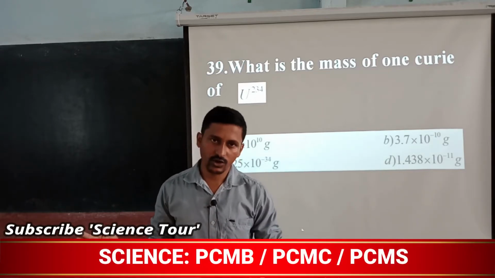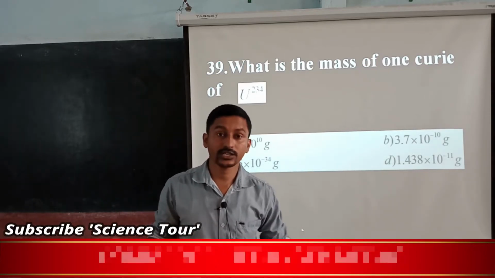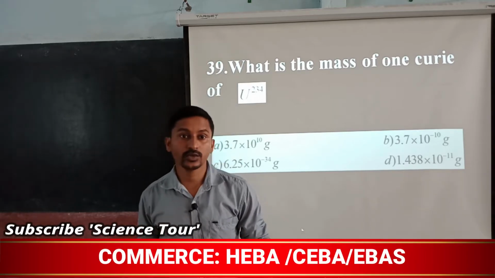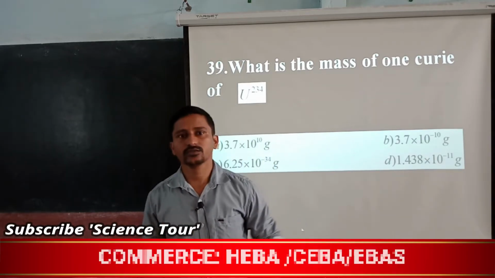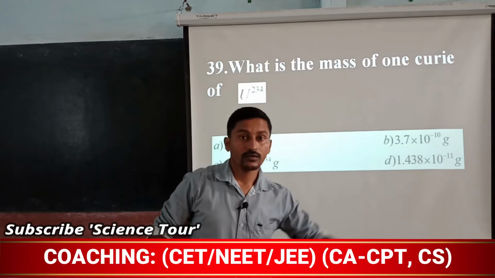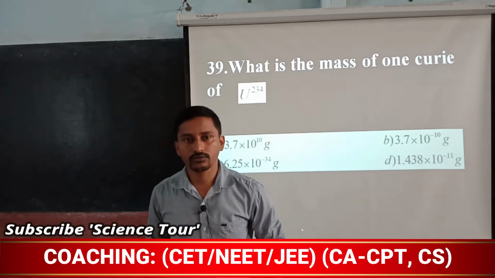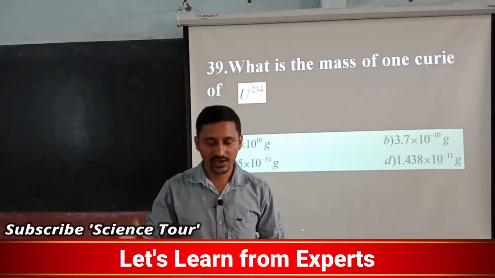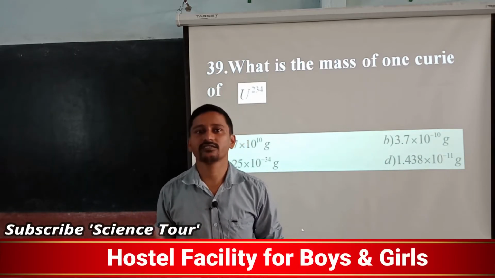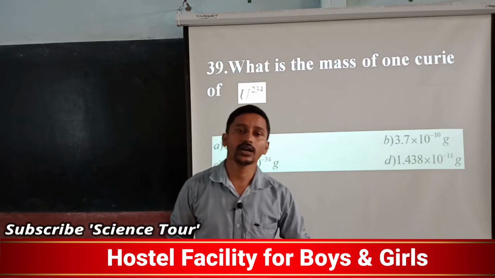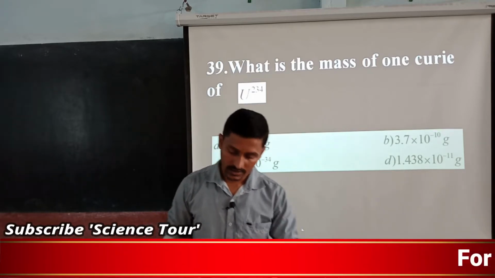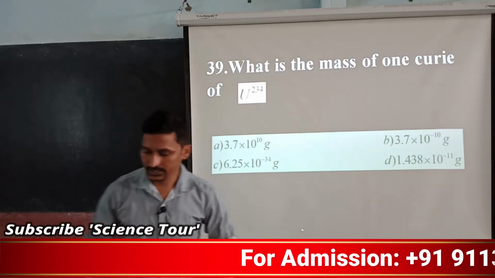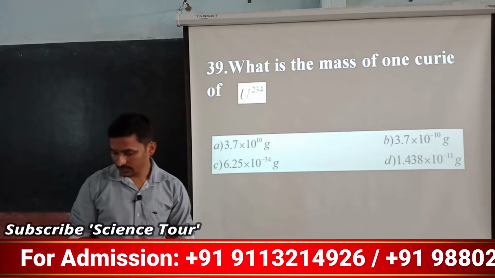Whatever work you are going to do in a week, once again you have to revise it. In the next week, the first week as well as second week's work you have to revise. In the third week, first, second, third week work we have to revise. Now at the end of all completion, everything you have to keep on revising and work out. Okay. So by saying this, I am going to continue for the next question.